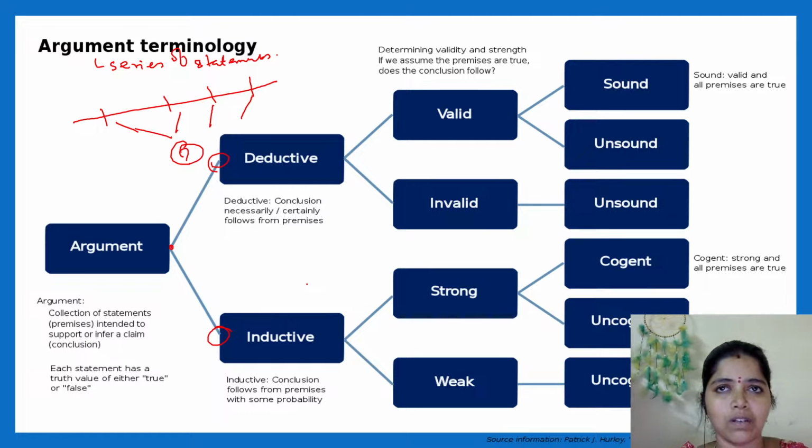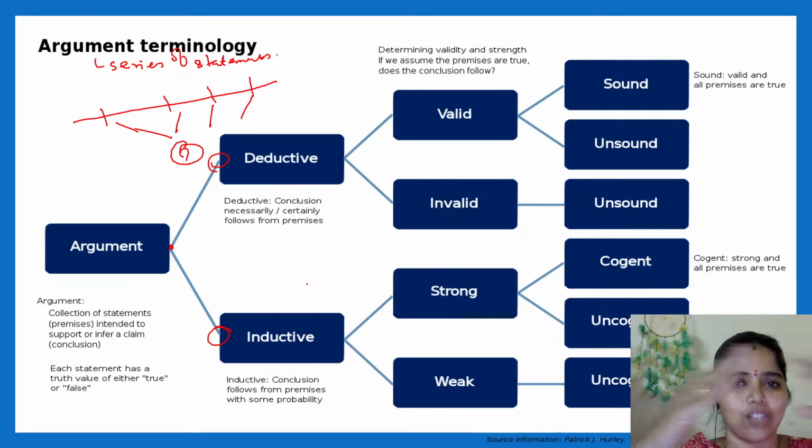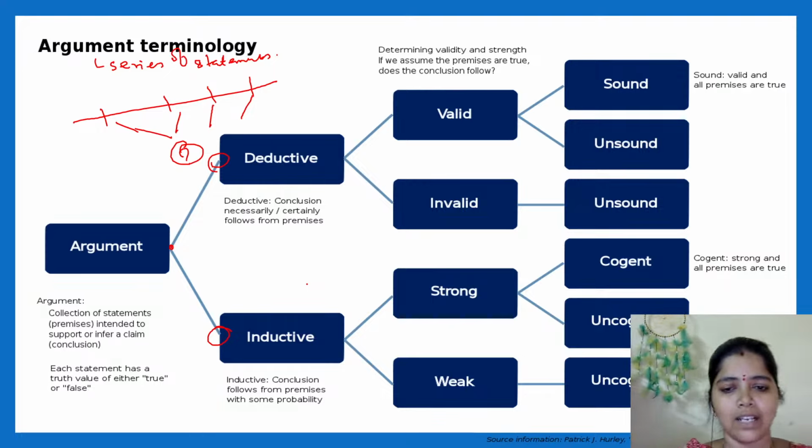Inductive means I have many specific instances, and with all the specific instances, I will state a general form. For example, in my class, girl 1 is beautiful, girl 2 is beautiful, girl 3 is beautiful.